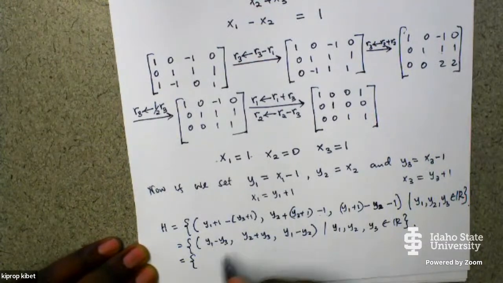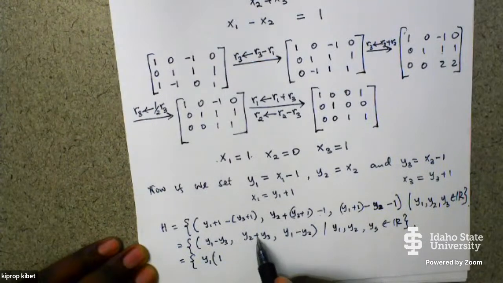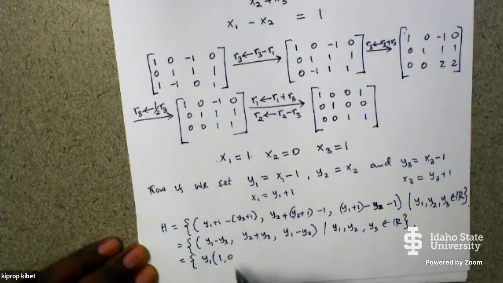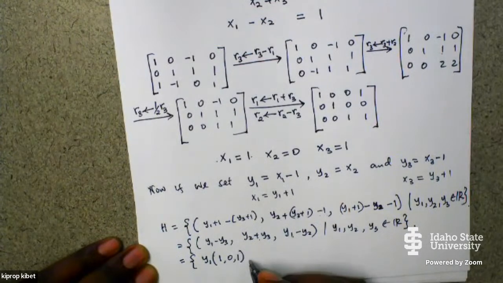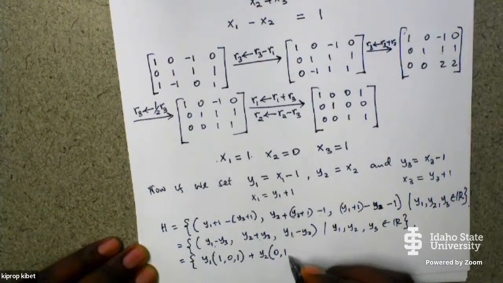If we write this as a linear combination, it is the same as y1 times: in this case, there is 1 here, there is no y1 here so there is a 0 there, and then there is y1 here, which is 1. And then plus y2: y2 here is 0, y2 here is 1, and y2 here is minus 1.